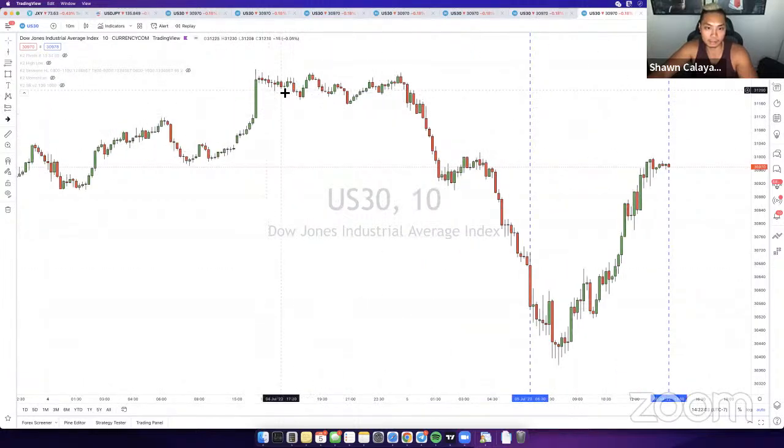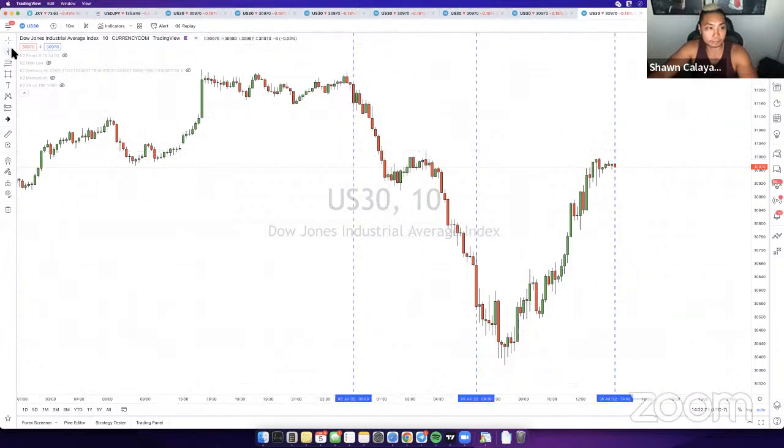A lot of these assets within US 30 are global assets, so they're still running all throughout the world. For example, this right here is London session, where they open at midnight, and London overlaps with US.